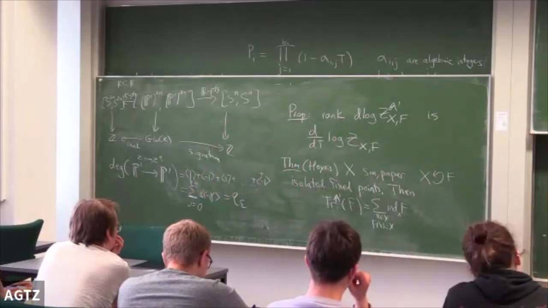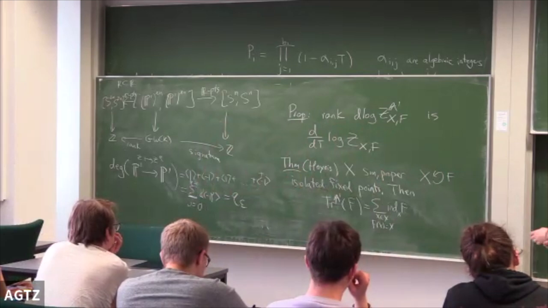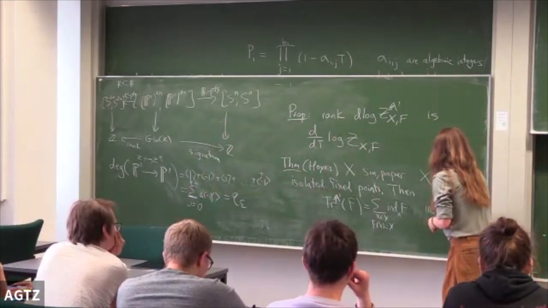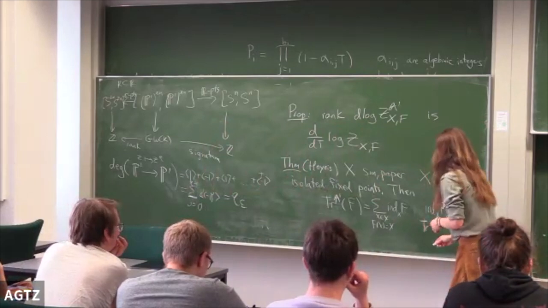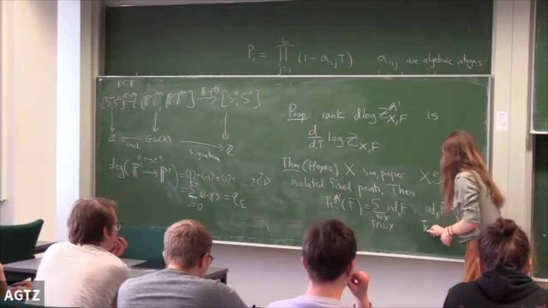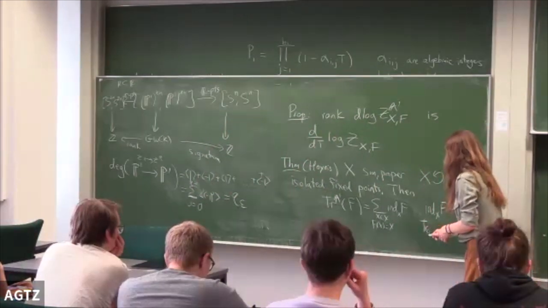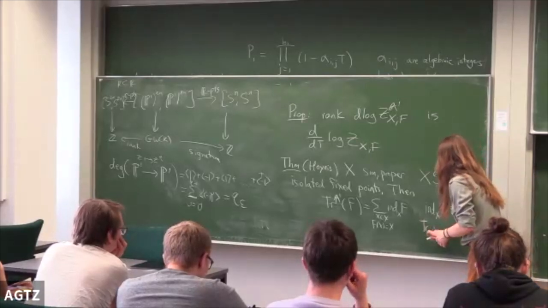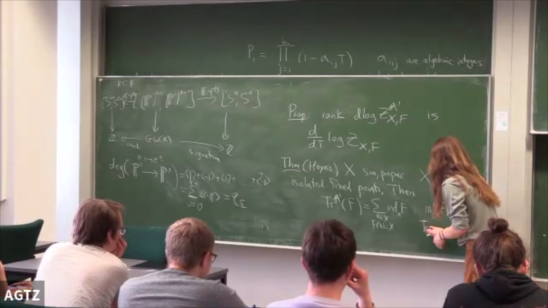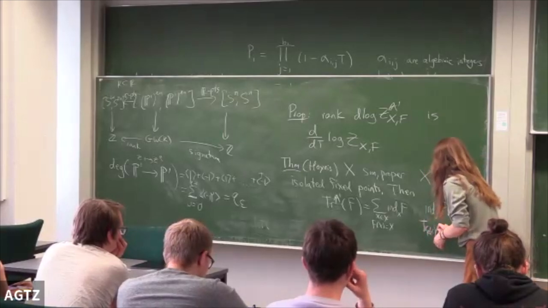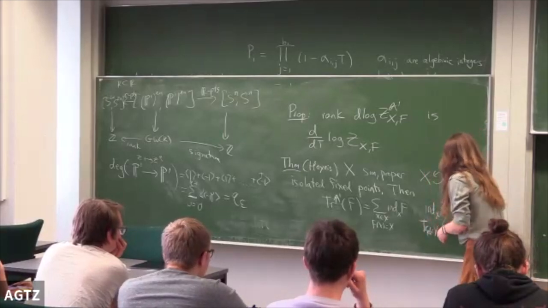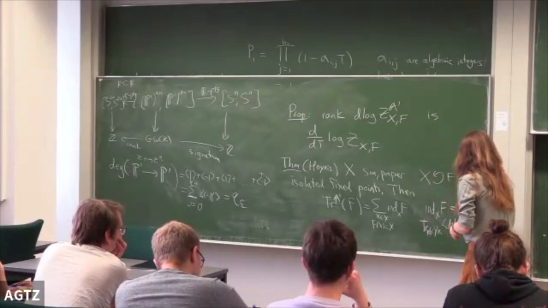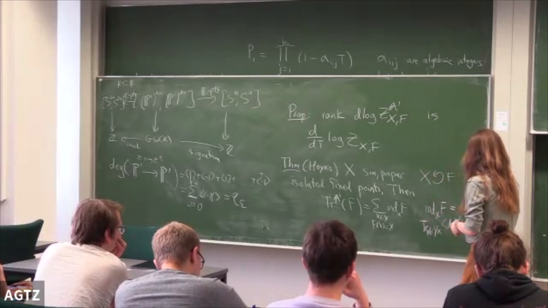If 1 minus f acts invertibly on the tangent space at x, then this index x of f is the transfer map that post-composes with the trace from Galois theory from the field of definition of the point of the determinant of 1 minus f prime of x.